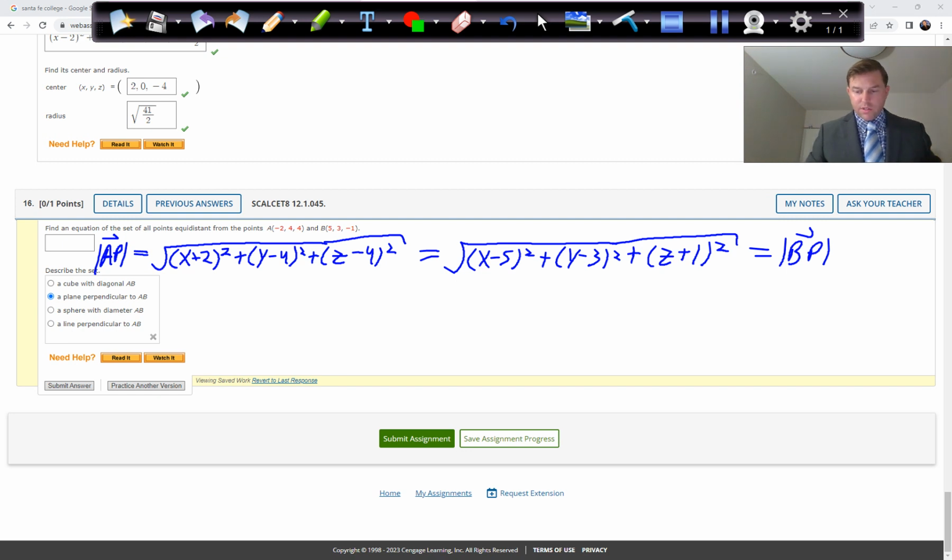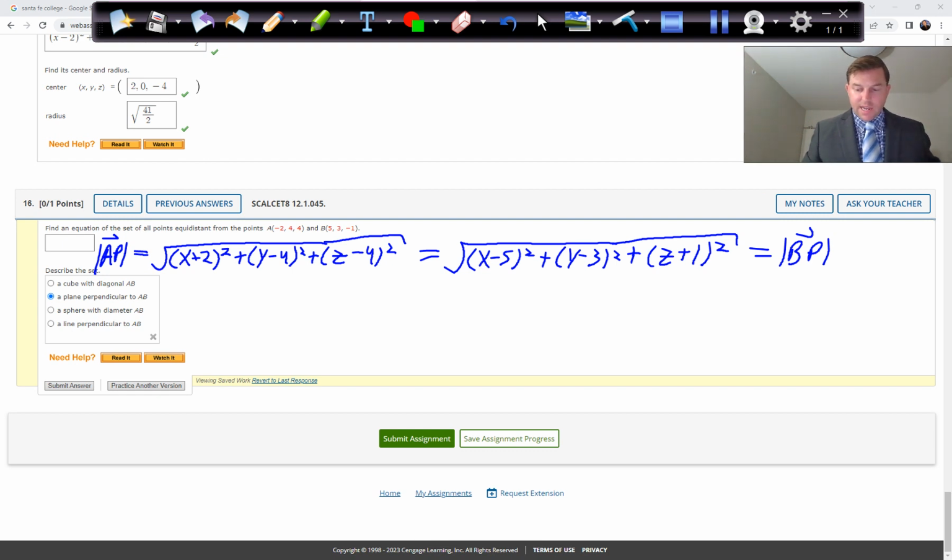Okay, so notice how we set this up. It's just distance formula we've done many times already in this section. And in the left-hand side, the x, y, and z numbers are just the numbers from point A. Remembering that the distance formula has minuses in it, so if I have a minus 2 for x, it becomes plus 2 because the minus is flipped. Otherwise, it's minus 4 and minus 4.